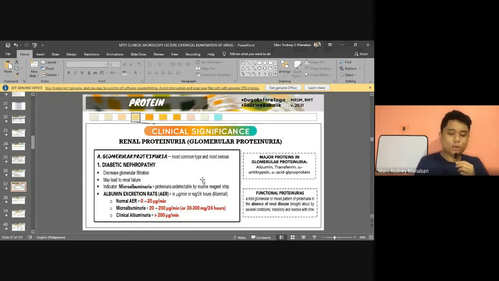Now, another type of proteinuria, dears, under renal, is functional proteinuria. These functional proteinurias are actually not pathologic. In a way, they are not related to kidney disease or kidney damage, but to other conditions that contribute to this. These functional proteinurias can be glomerular or mixed glomerular and tubular.